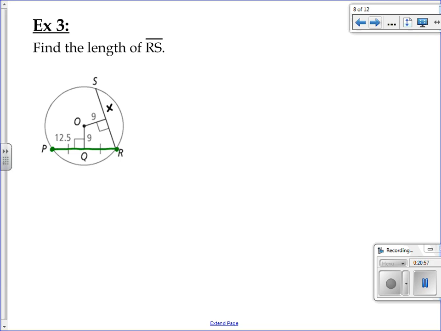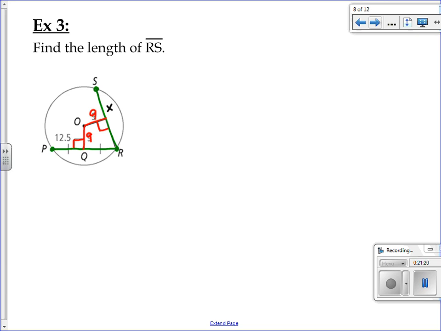We've also been given another chord, SR. So we've been given 2 chords. You'll notice that they're both perpendicular to the center, and you'll notice that they're both 9 units from the center.